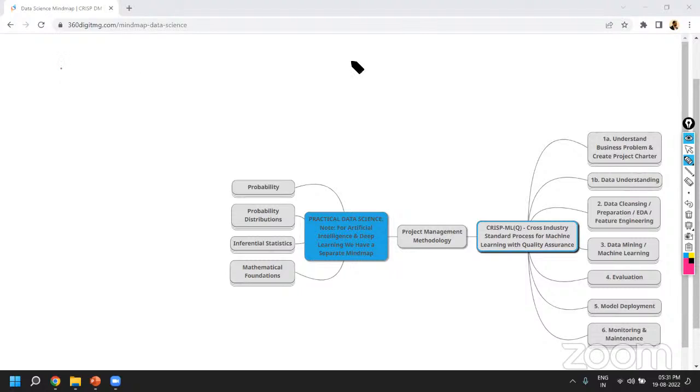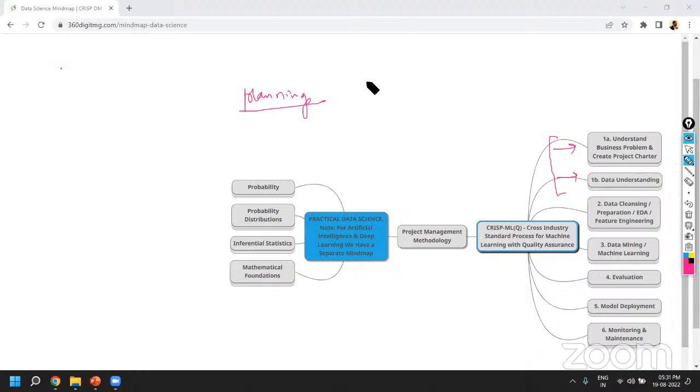So step number one, we understand the requirement, the business logic, and we also understand what kind of data we will have to work with. Once the requirements are gathered, we also plan how we want to develop the solution.